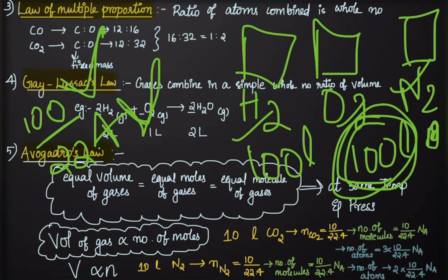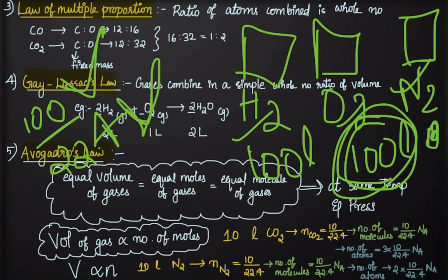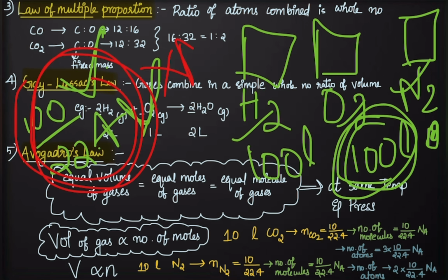The number of molecules is equal to the number of moles into Avogadro number of particles. That means 1 mole of carbon dioxide contains Avogadro number of carbon dioxide molecules, and 1 mole of oxygen atoms contains Avogadro number of oxygen atoms.